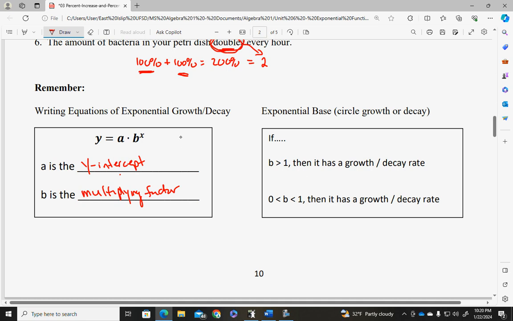Sometimes it's a growth factor, sometimes it's a decay factor. Remember, we even said when does it grow and when does it decay. So when the base is greater than 1, it's a growth rate, not decay. And if it's between 0 and 1, then it's a decay.